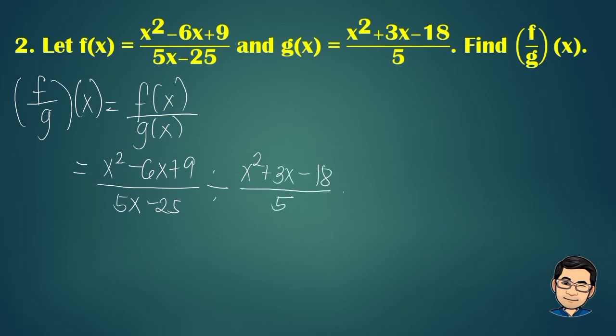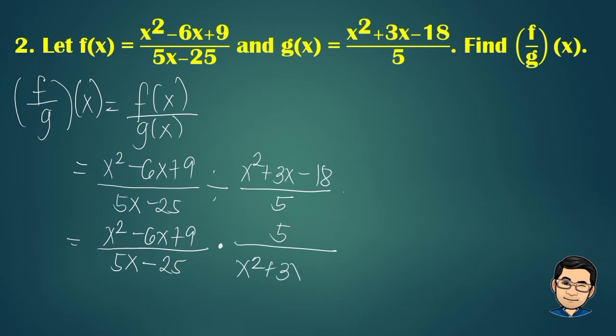So, and then we get the reciprocal of the divisor, and then we proceed to multiplication. Okay? So, ito pong sinusulat ko na yan is dividend. And then, yung divisor, yung nasa kabila, magiging 5 over x squared plus 3x minus 18.